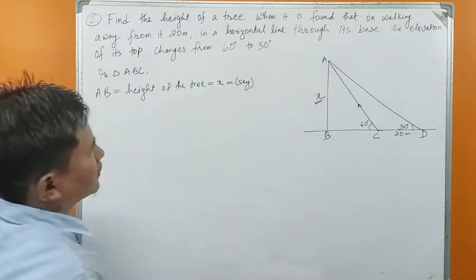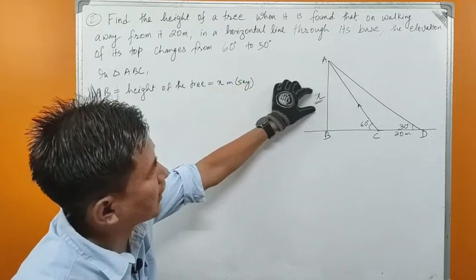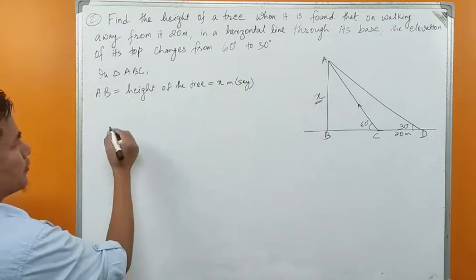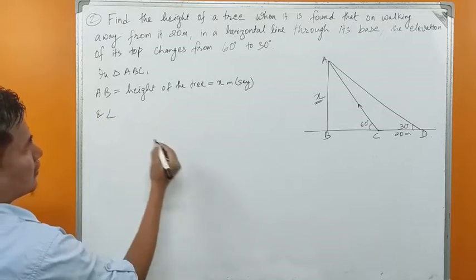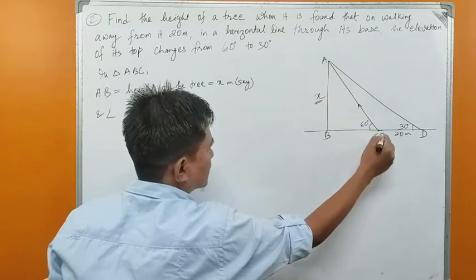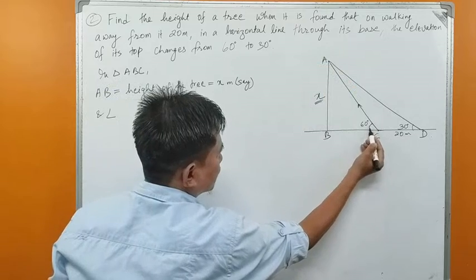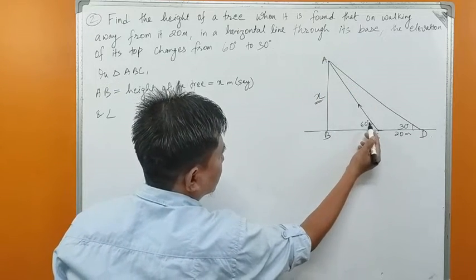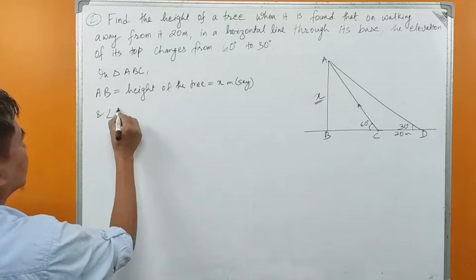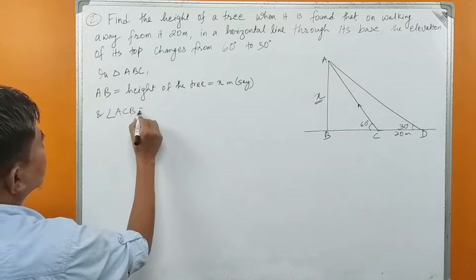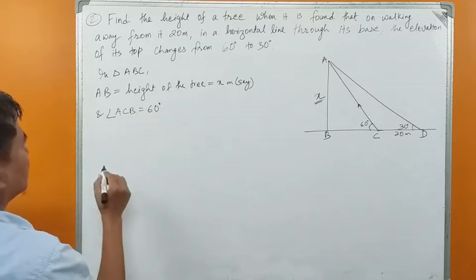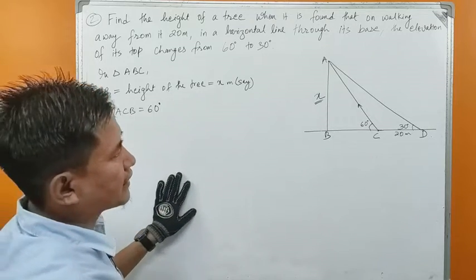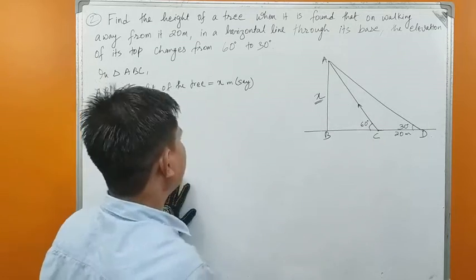We are supposing the height of the tree AB is x meters. And angle ACB, make sure C comes in the middle, angle ACB is 60 degrees. Now, let us apply tan theta and find BC.